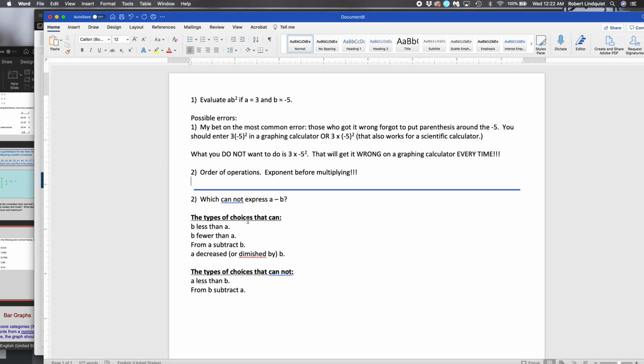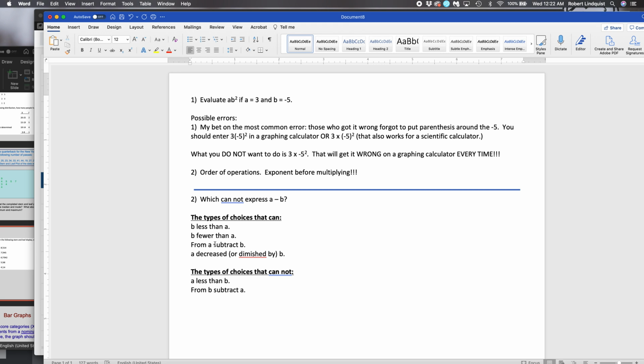The types of choices that can work. In other words, you would have seen 3 of these types of choices. B less than A. If you remember, with less than, you got to switch the order. Last shall be first, first shall be last. B fewer than A, same thing. From A, subtract B. I'm testing to see if you remember that the from goes first.